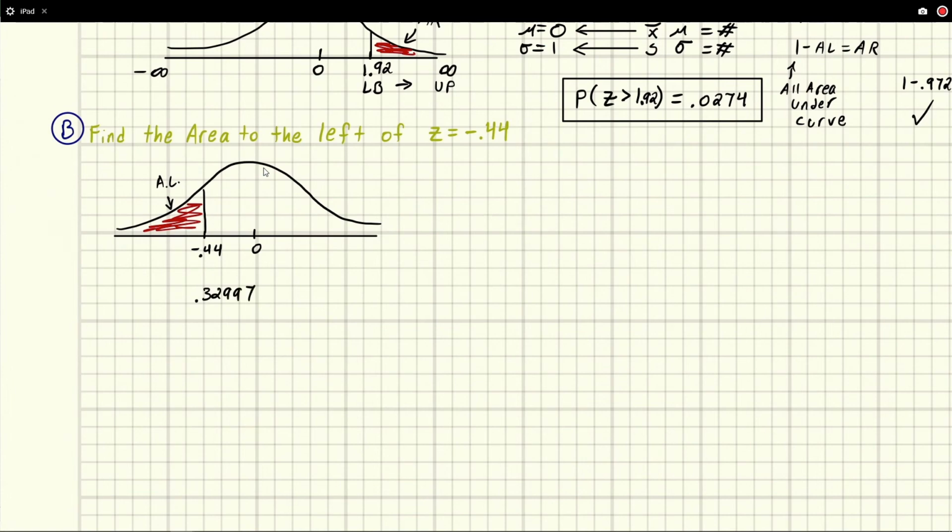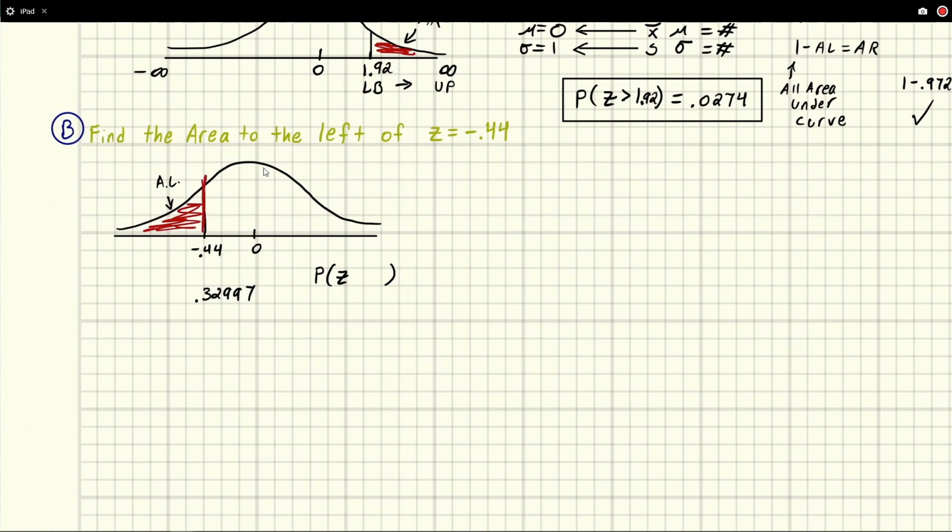0.32997. That's this area. But writing it like this, some teachers might be okay with this, but usually you want to express that this isn't just a number. It's a probability. And so we'd say the probability that z, so we put these parentheses to tell it this is function notation. And then we say that z, and we want specifically to the left, so we don't want to include the line.